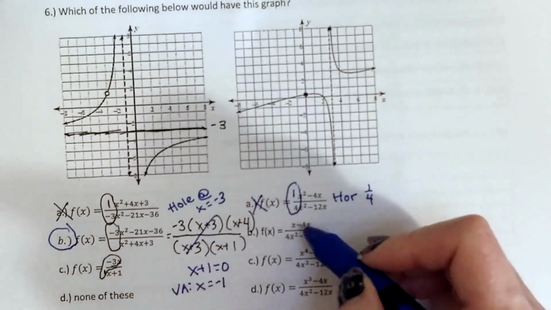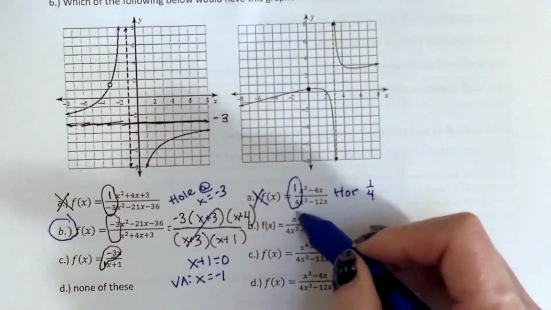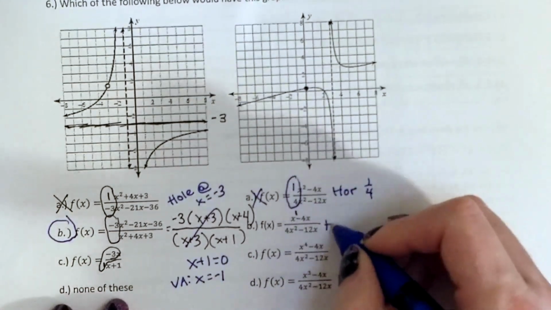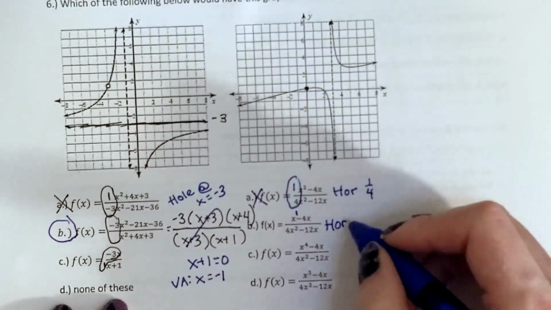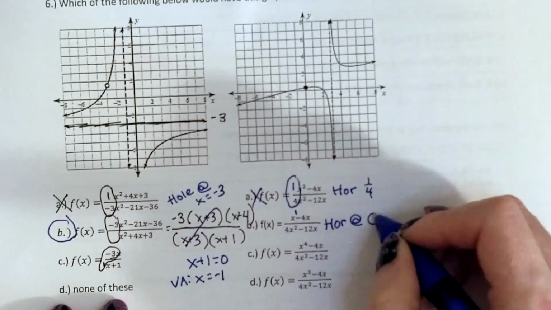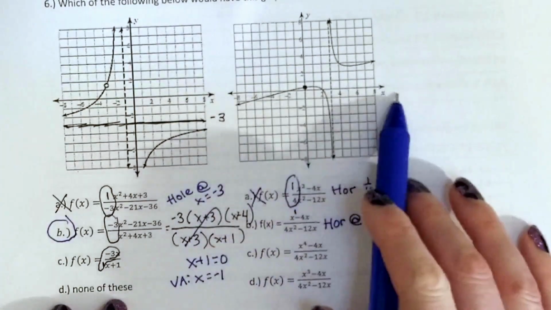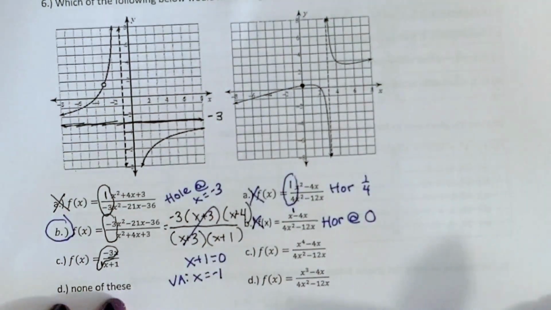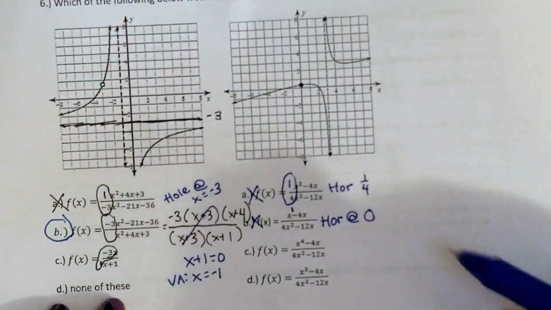I look here, the degree on the numerator is 1 more than the degree of the denominator, so that automatically by definition is a horizontal at 0. Well, look at 0, there's no bolded line there, so it's not B. So we're looking between C and D.